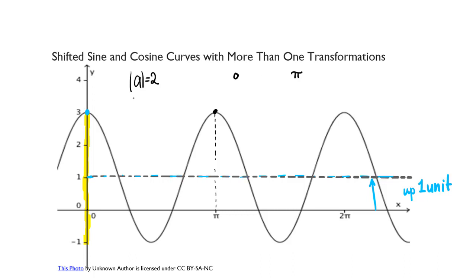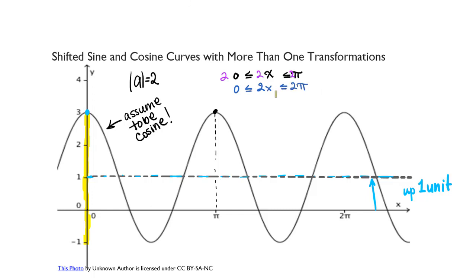And if we assume this is a cosine, then we can set up our inequality so that when we manipulate it, it goes from 0 to 2 pi. So I will multiply everything by 2, and I get 0 is less than or equal to 2x is less than or equal to 2 pi.